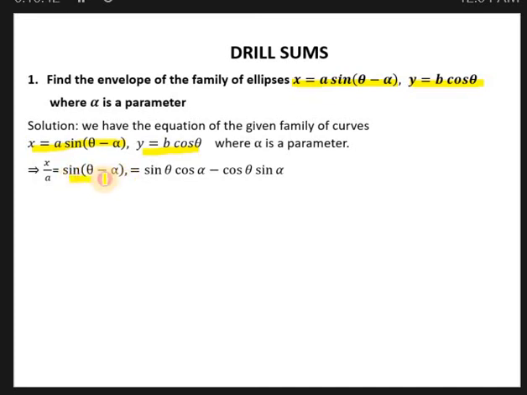Now see, sine of theta minus alpha is in the form of sine of a minus b. Sine of a minus b is equal to sine a cos b minus cos a sine b. So by using that result, when we expand sine of theta minus alpha, we get it as sine theta cos alpha minus cos theta sine alpha.